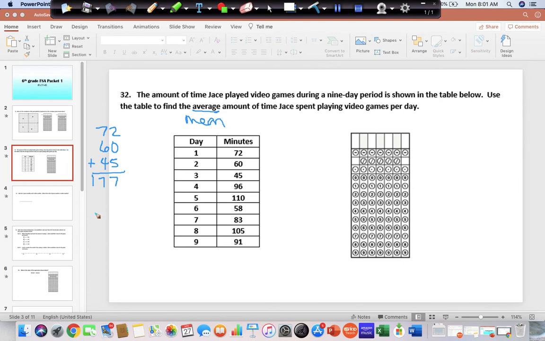Okay, so now we have 177, and I'm going to add that to 96 and 110. That is 6 plus 7 is 13, carry my 1. That's 9, 10, plus 8 is 18. 1, 2, and 3. So I have 383 now.